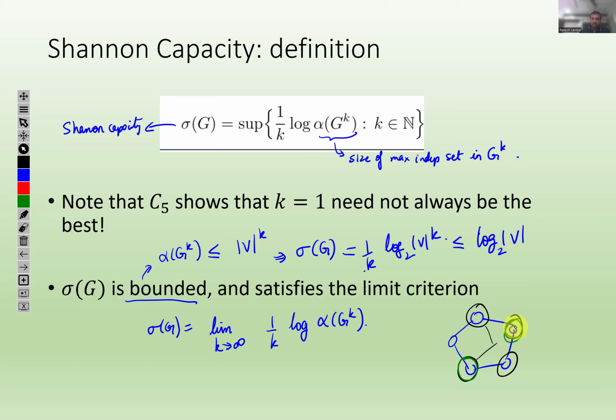And the Shannon capacity has a supremum; the supremum is over k, where k is the exponent written here. So yes, this is the supremum over all possible k.